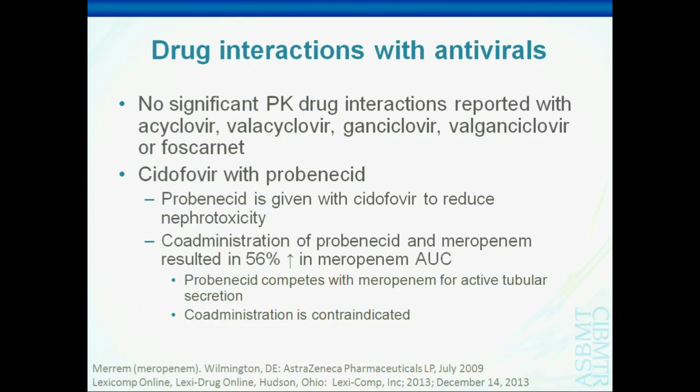It is recommended that probenecid is given with cidofovir to reduce nephrotoxicity induced by cidofovir, but co-administration of probenecid and meropenem can result in over a 56% increase in meropenem AUC. This is thought to be due to the fact that probenecid competes with meropenem for active tubular secretion. So the co-administration is contraindicated according to the meropenem package insert.